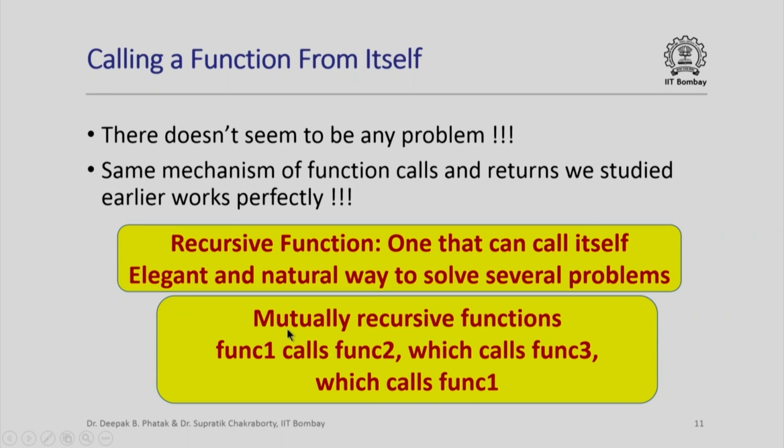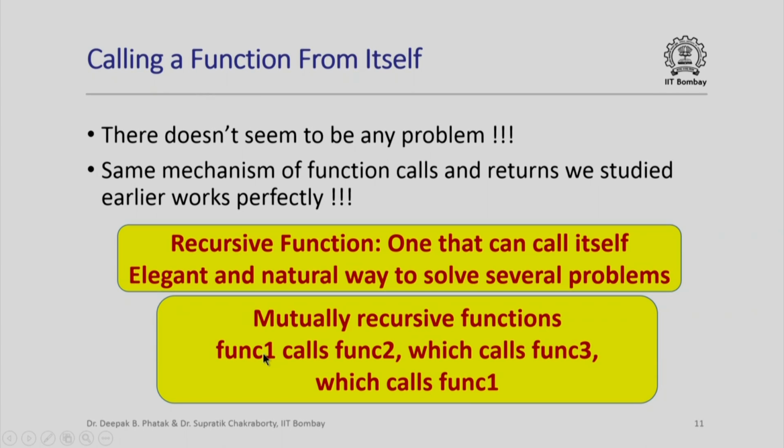We could also have mutually recursive functions. In this case, a function does not call itself directly, but one function calls another one, which in turn may call a third one, and the third one in turn may call the first one back. So basically we have a cyclic chain of functions calling each other such that the cycle is completed.